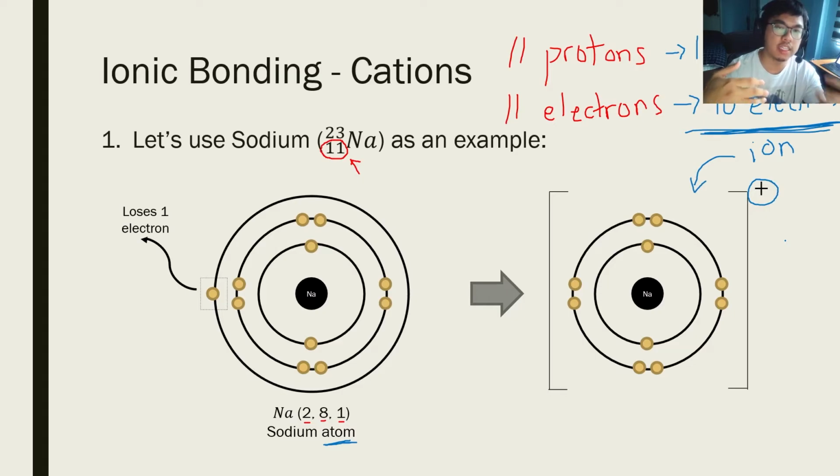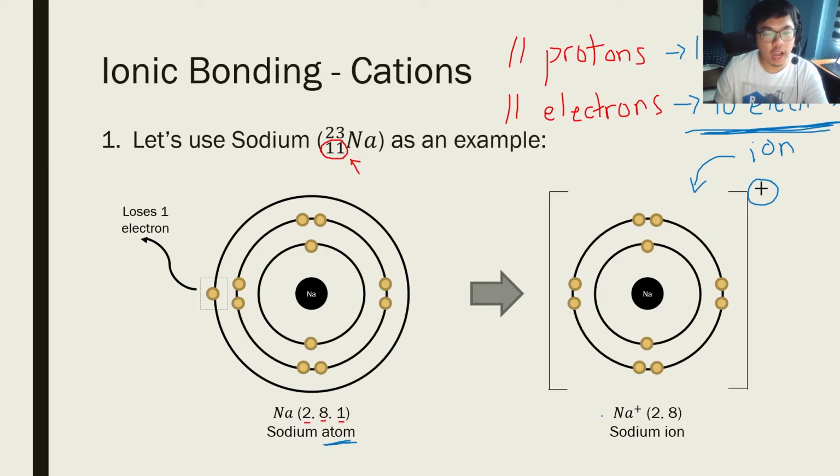By how much? 11 minus 10, there's 1 extra proton. That's why sodium ions are positively charged: you have 1 extra positive charge. So the ion overall is a bit more positively charged than when it was an atom.